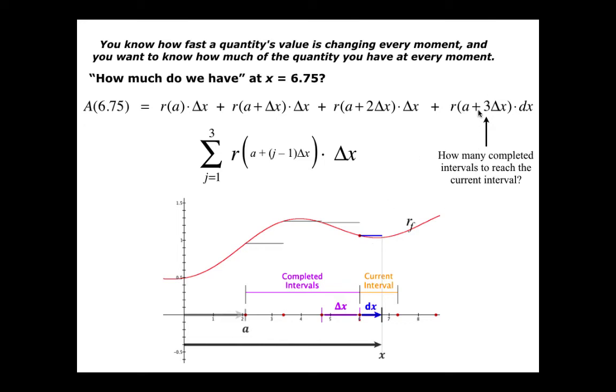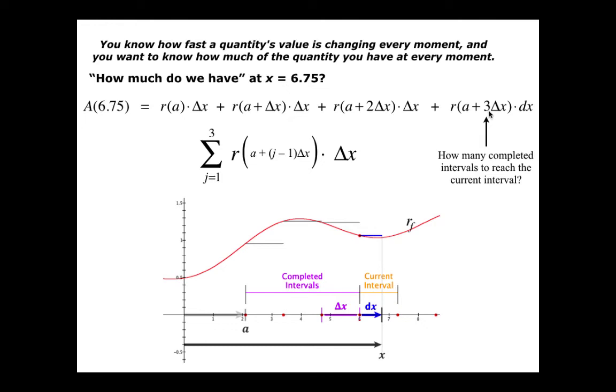But just in terms of this a plus 3 delta x, if you're looking at this and say, oh, there must be 3 complete intervals to the left of it, or x has passed 3 full delta x's to get to here. Started at a, went past 3 delta x's to get to the beginning of this current interval. So if you do see an expression like this, how many complete intervals are there before this current interval? It's that number in front of the delta x. It's got to match because of the way we've set it up. So there are 3 full intervals to the left.